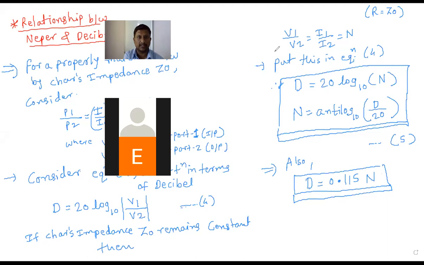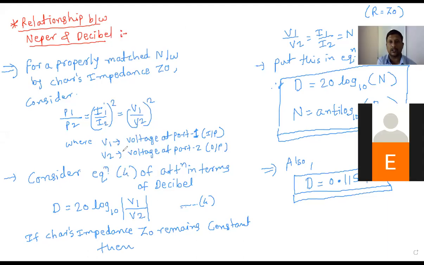So this shows the relationship between Neper and Decibel. If they are asking the theoretical point, you have to write each and everything. If they are asking in terms of MCQ, you can directly remember the formulas. And these formulas are very important for the design of T-type, pi-type, and lattice type of attenuator.